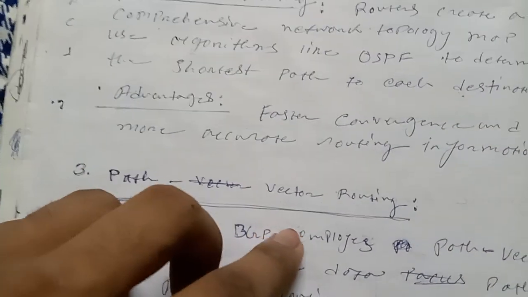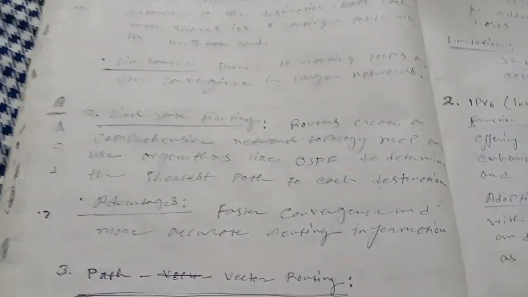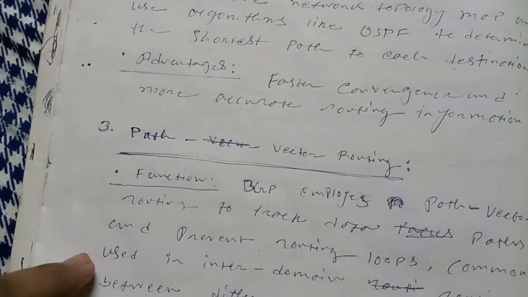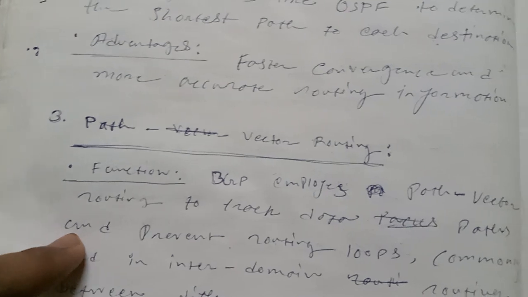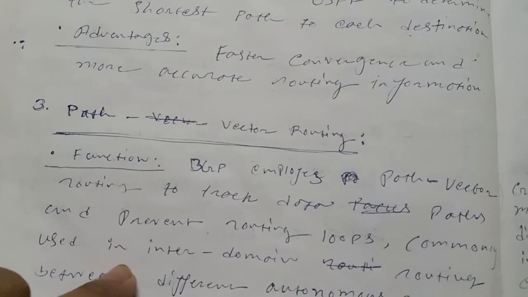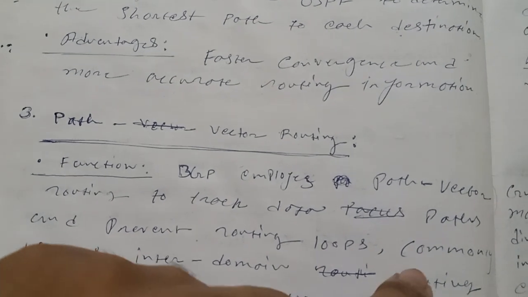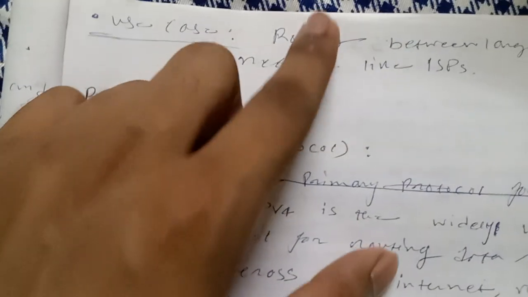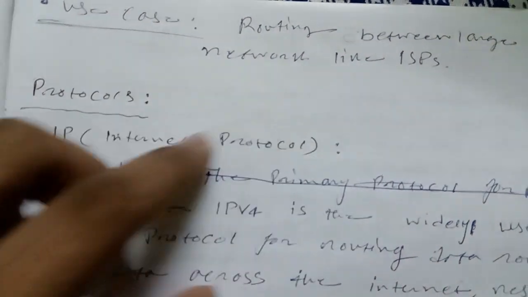BGP employs path vector routing to track data paths and prevent routing loops, commonly used in inter-domain routing between different autonomous systems. The use case of this type of routing is routing between large networks like ISPs.